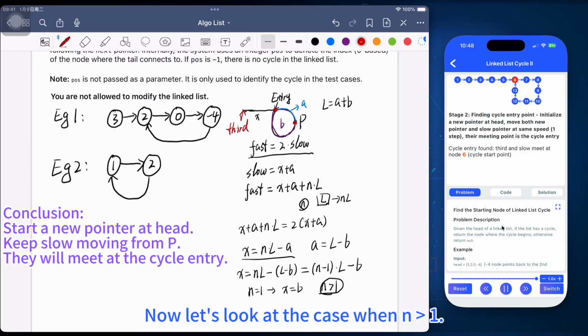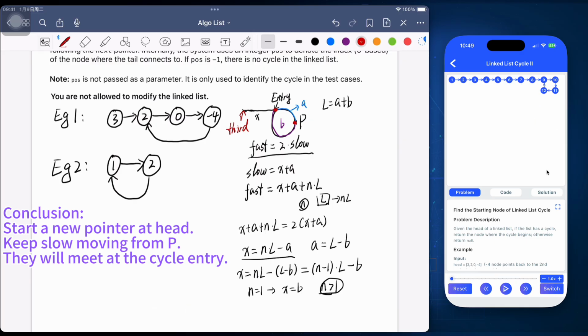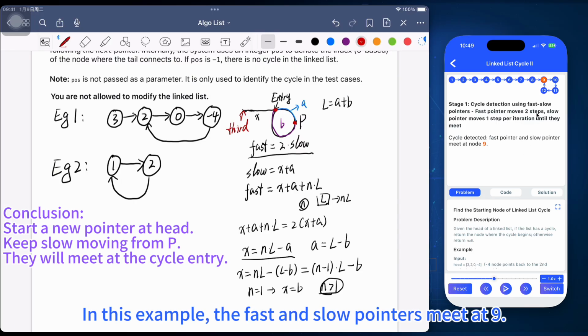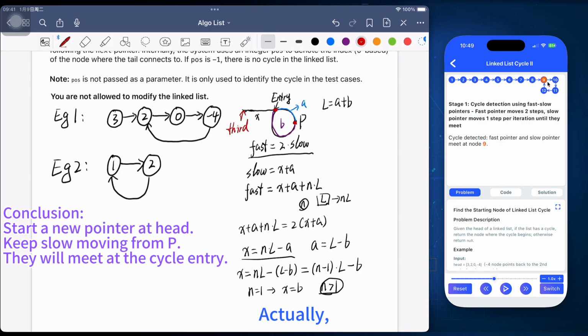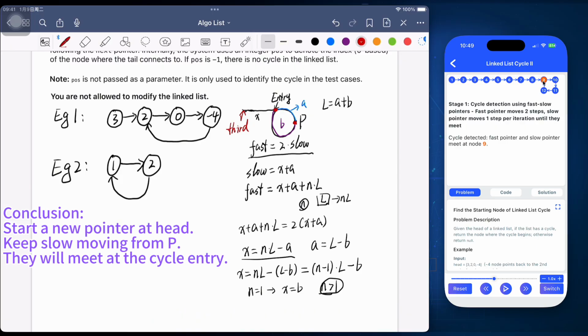Now let's look at the case when n is bigger than 1. Yeah, this one. Let's see the first step. Okay, in this example, the fast and the slow pointer meet at 9. Actually, 9 itself is already the entry point of the circle, but that doesn't affect the algorithm. So let's continue.